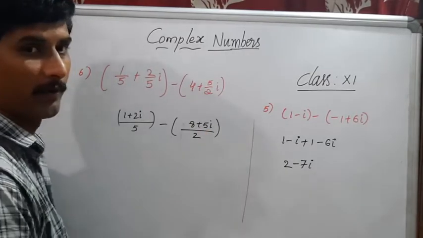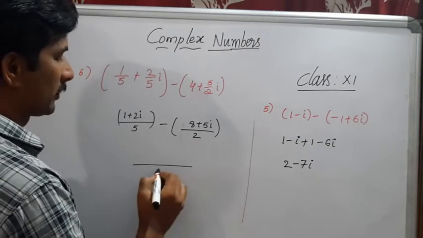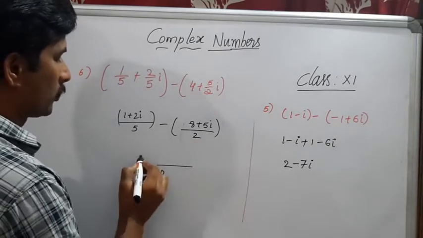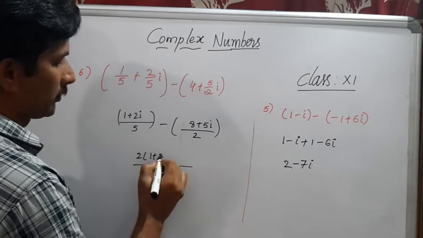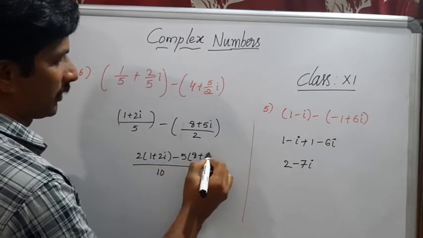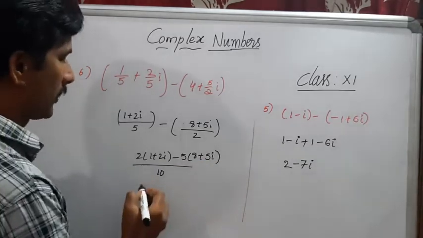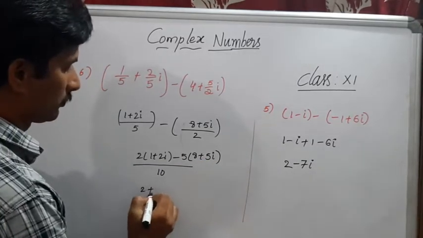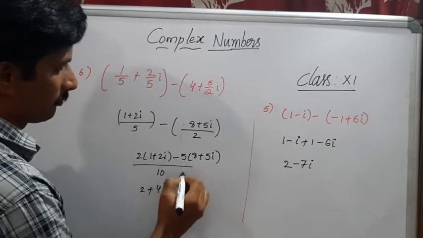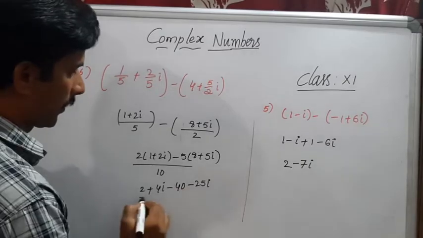8 plus 5i. Now if you take the LCM again for 5 and 2, the LCM is 10. Then you will get 2 into 1 plus 2i minus 5 into 8 plus 5i. Now multiplying, 2 into 1 is 2 plus 4i minus 40 minus 25i, by 10.